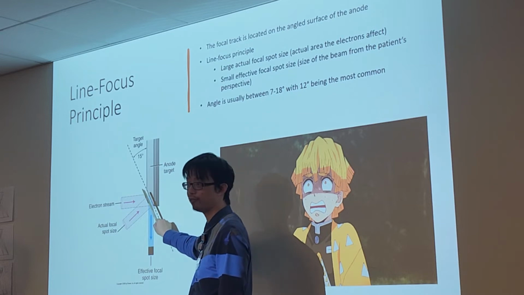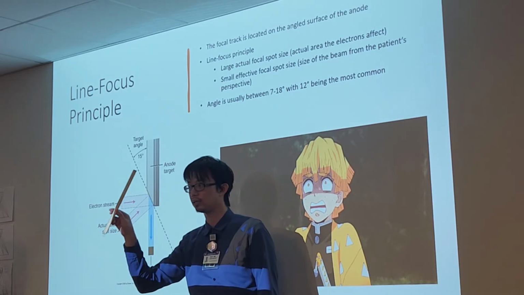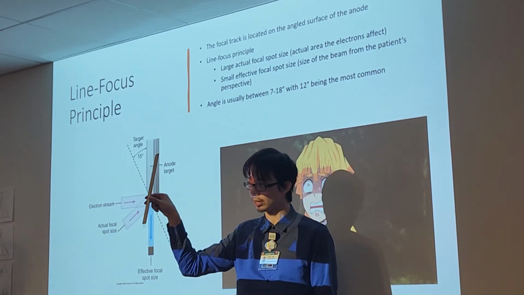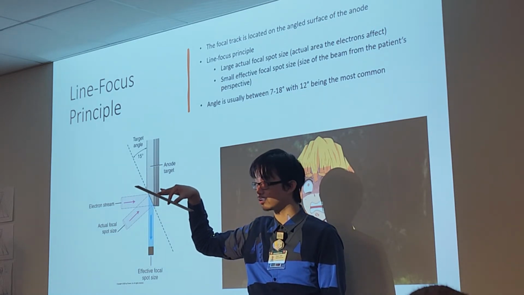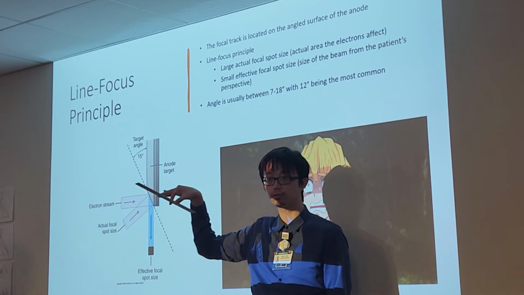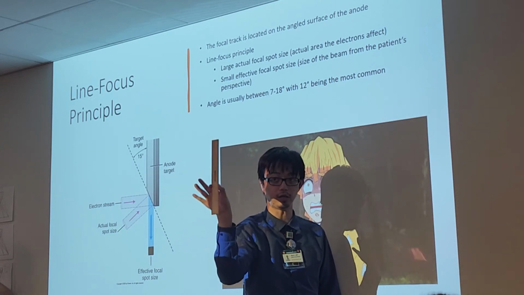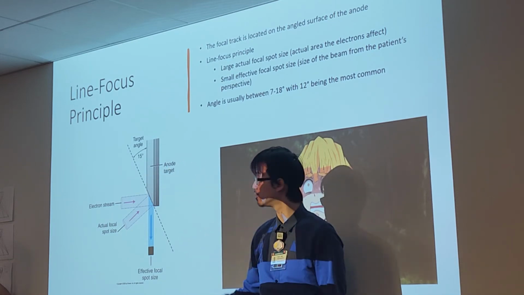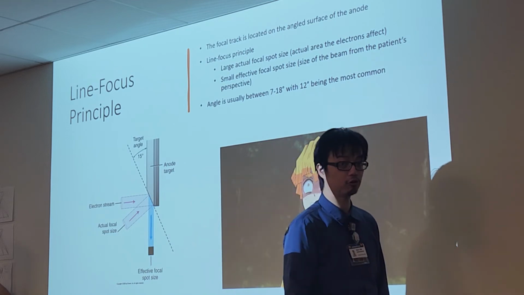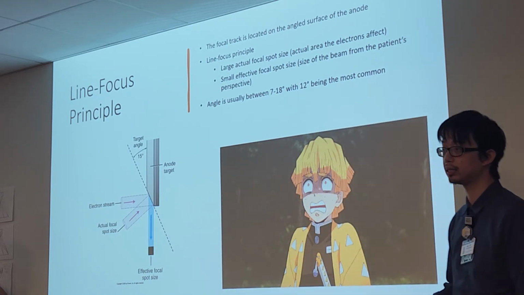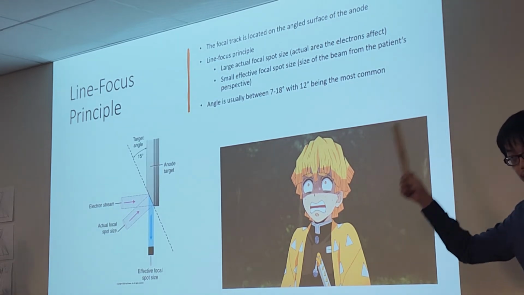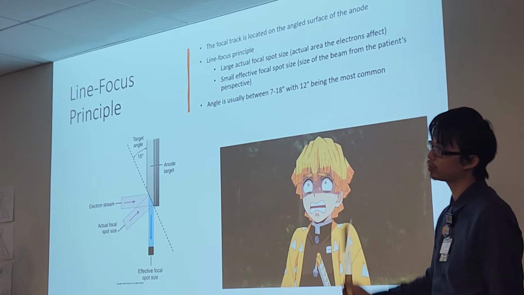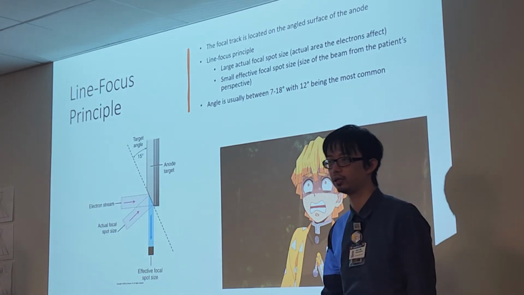They don't see the entire face because it's angled. Right now you see the whole ruler. I angle the ruler, it looks smaller, foreshortened. Same thing: because it's looking at an angled target, the effective focal spot size is going to be small. The smaller the effective focal spot size, the sharper your image looks.